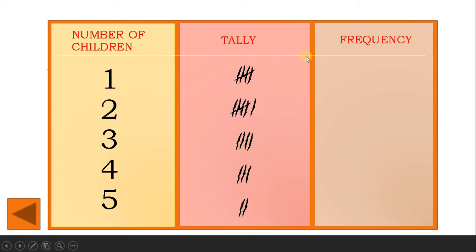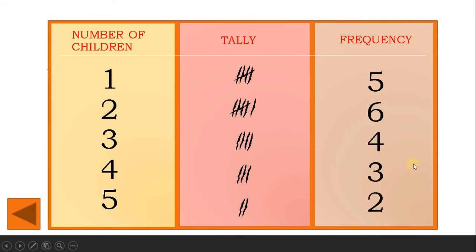And the third column will be talking about frequency. What we are going to write here are the numbers of the tally in symbol form. Here we have 5, so we write 5. Here we have 6, we write 6, then 4, 3, and 2.